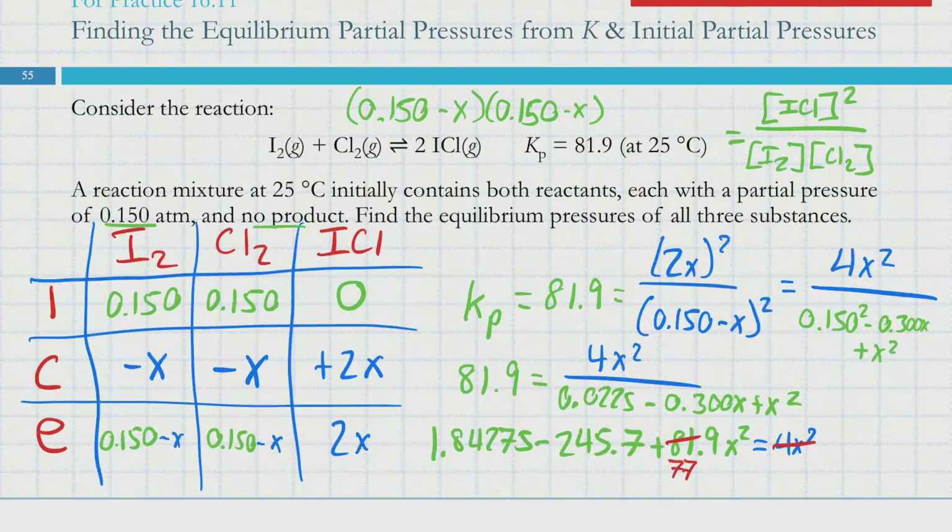And we get 77.9 x squared. So now we've got our quadratic equation set up. I just have them in the backwards order, CBA. Question? Is it 245 or is it 24.5? It's 24.5.